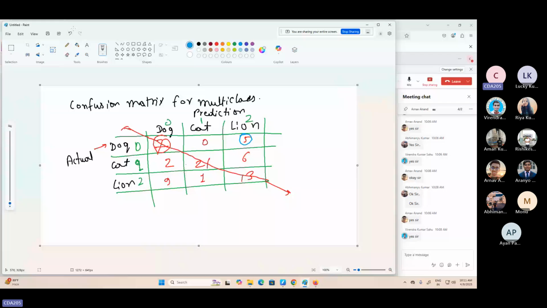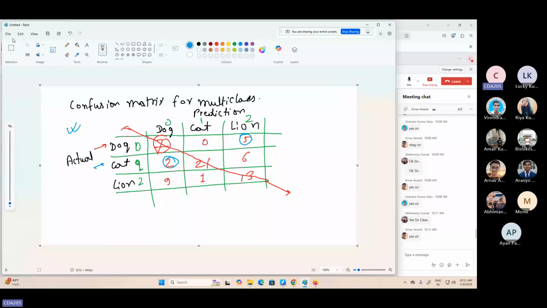Same as there also: 2 times the model predicted dog, but actually it is a cat. So are you clear with this multi-class confusion matrix, everyone? Everyone, are you clear with this? Okay.